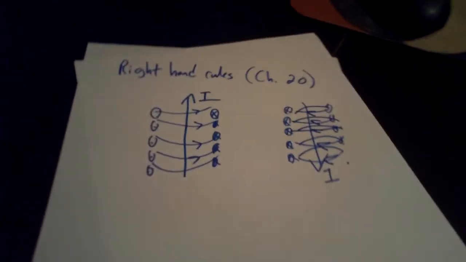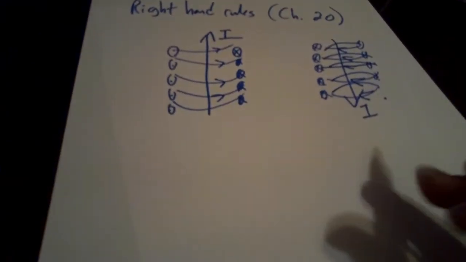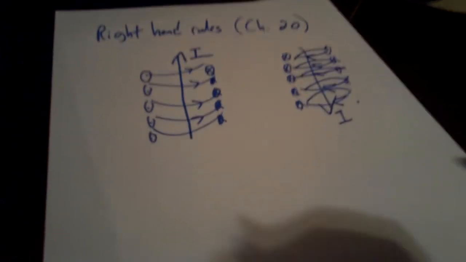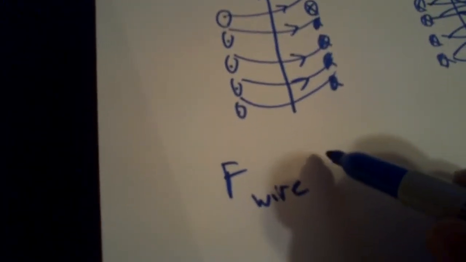All right. Now, the second two right-hand rules are the ones that have quantitative formulas that go along with them. So let's go ahead and write those two. The first is the formula for the force on a wire carrying a current.